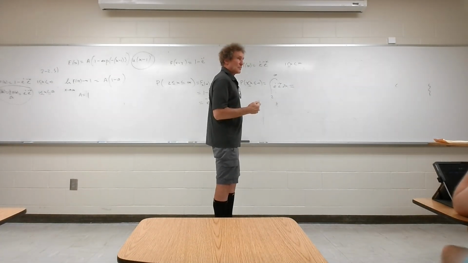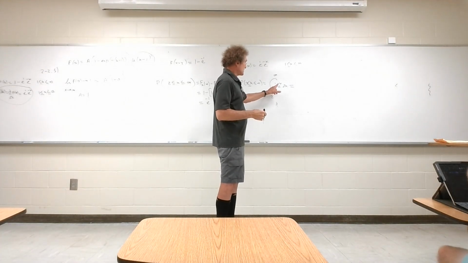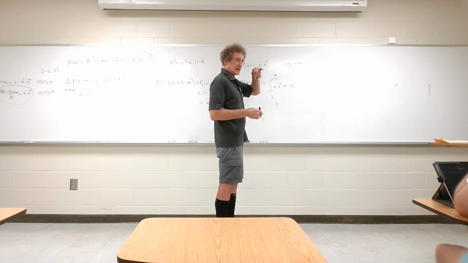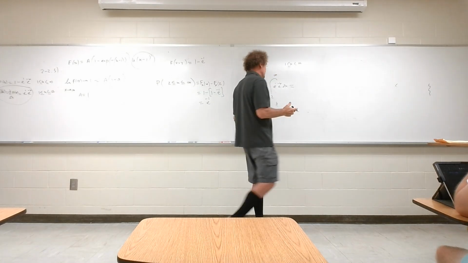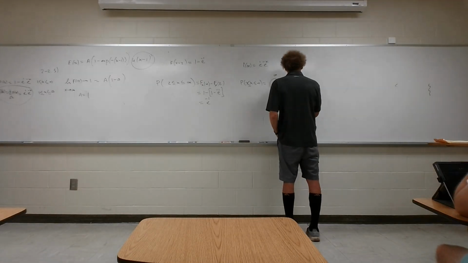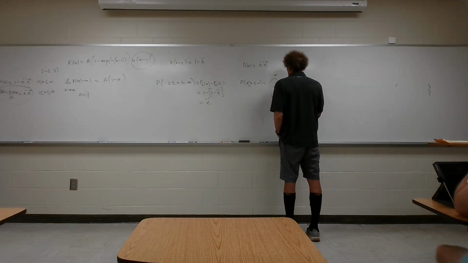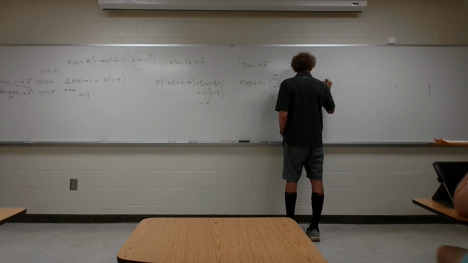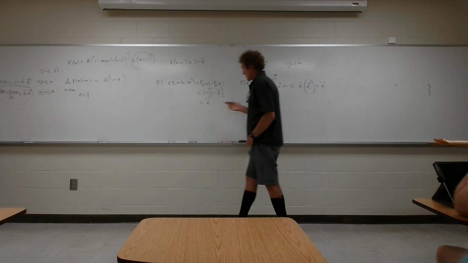Breaking out that e to the 1 will take care of some problems you get when you're trying to integrate e to the minus x minus 1. This is my experience, at least, with this stuff. And this would be e to the 1, and then you're going to get e to the minus 2, or it's going to be e to the minus 1, and that's what we got before.